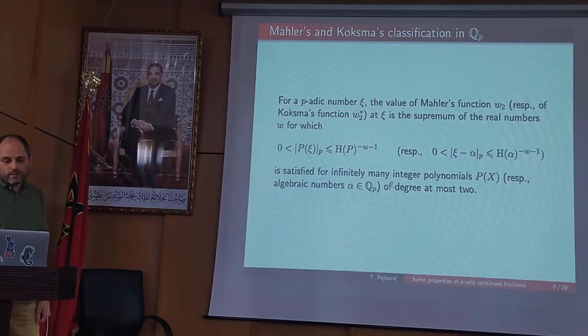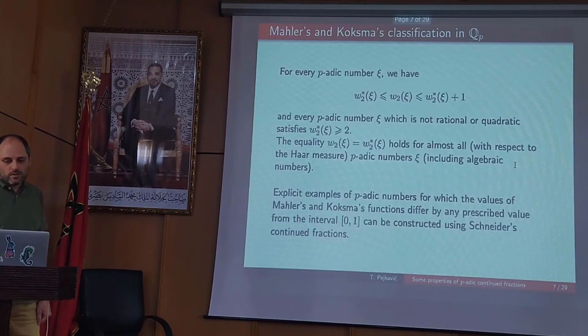And this is satisfied for infinitely many integer polynomials of degree at most 2. Koksma's function is defined similarly. So the value of Koksma's function w2 star at psi is the supremum of the real numbers w such that this right inequality holds for infinitely many algebraic numbers of degree at most 2. The height of an algebraic number is the height of its minimal polynomial over the integers.